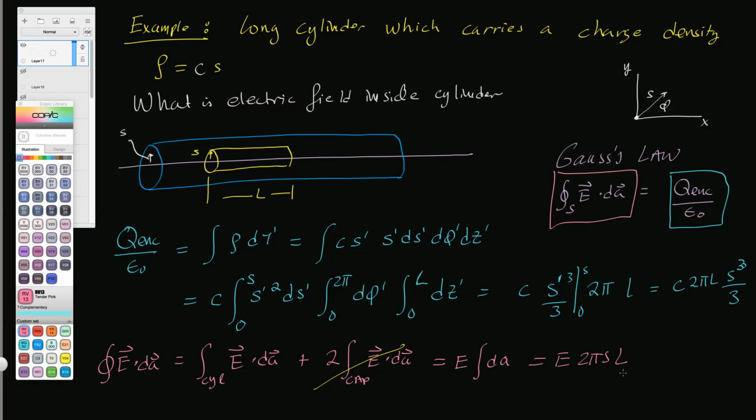Now we can put it all together, with the pink and the blue put together. I'm going to come up here. So we have E times 2 pi L on one side, and on the other side, I think I left my epsilon naught off everywhere, my bad. So let me go put it back in.